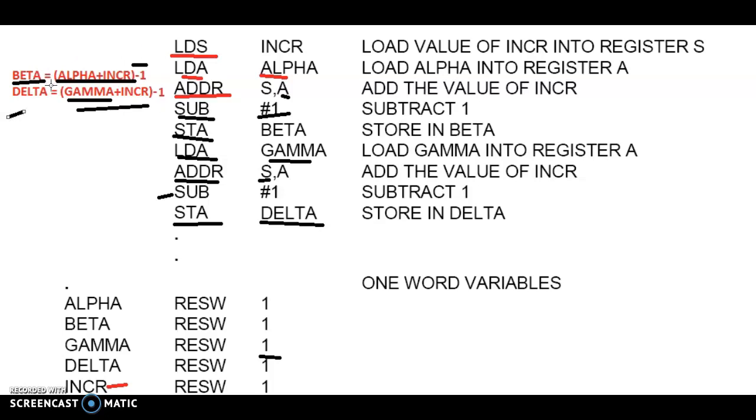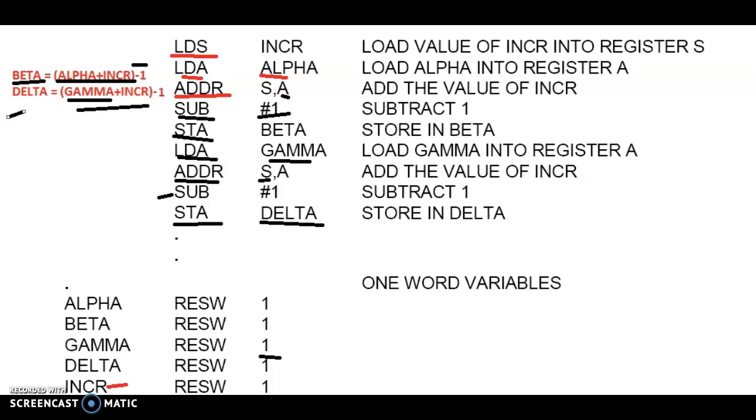If any equation is given and you are asked to write the program, you need to use this procedure. Till now we have done examples based on copying as well as performing arithmetic operations, movement and arithmetic operations.